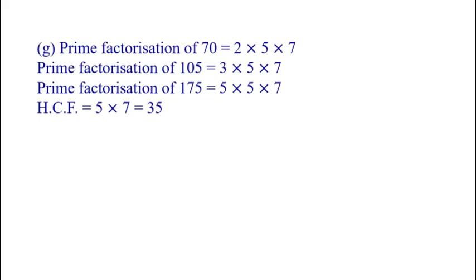Prime factorization of 105 is equal to 3 into 5 into 7. Prime factorization of 175 is equal to 5 into 5 into 7. So SCF is 5 into 7, that is 35, because 5 into 7 is the highest common factor that exists in the factorization of these three numbers.